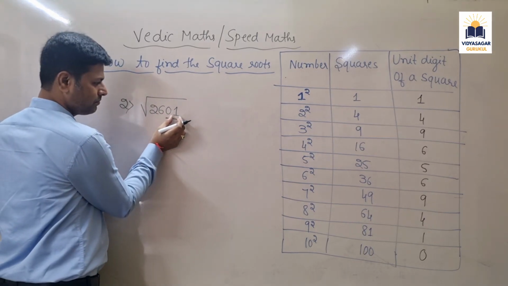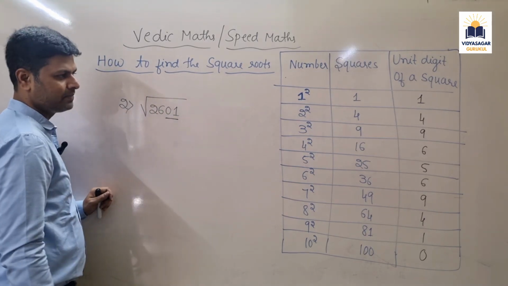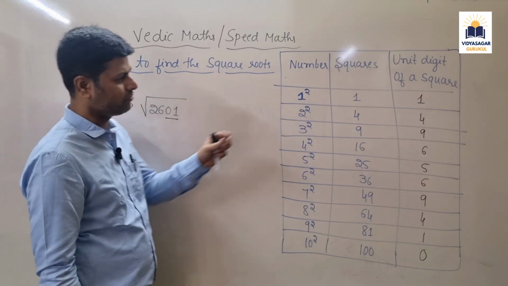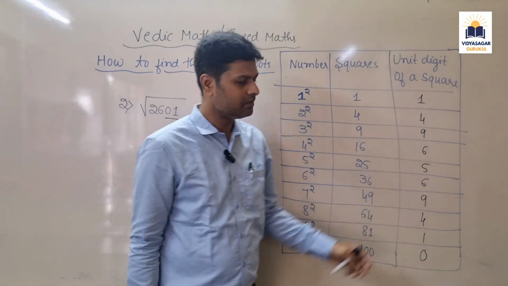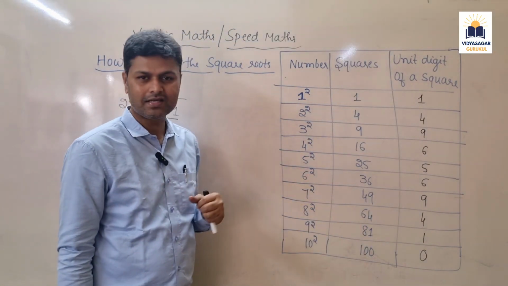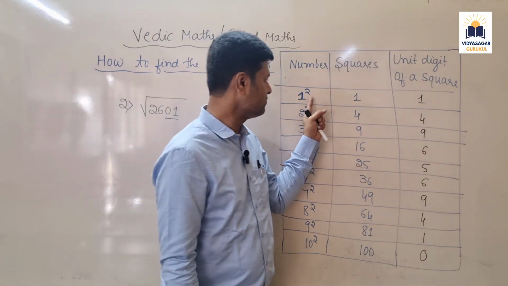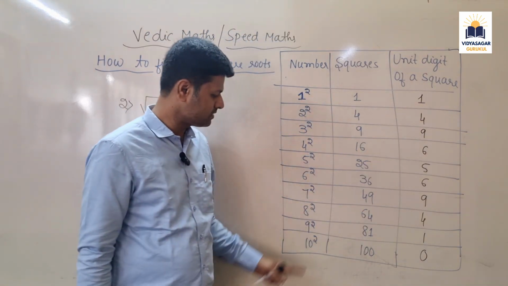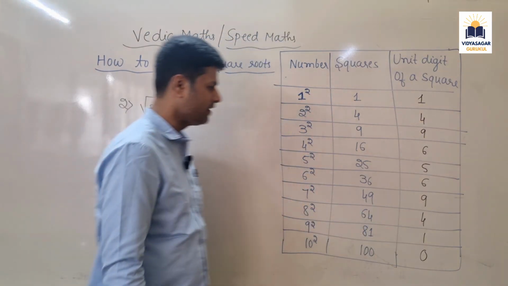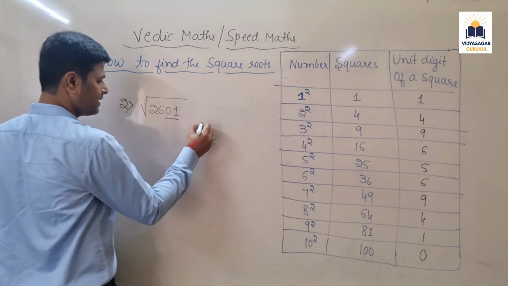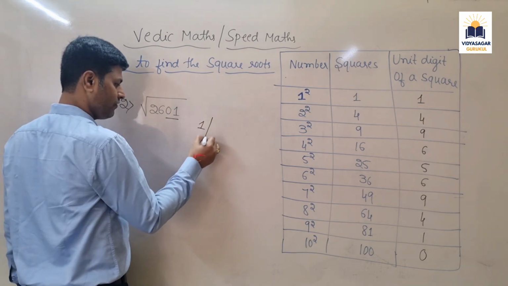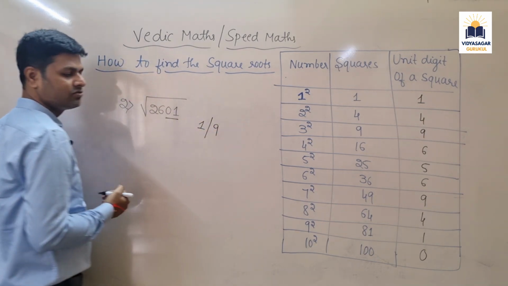In this, 1 is the units place, so check in the unit digit column. Which square is ending with 1? 1 square is 1 as well as 9 square is 1. So we have 2 options: either 1 square or 9 square.